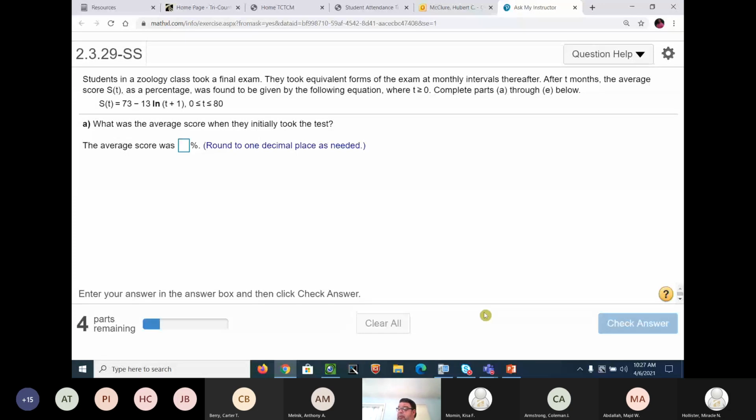So S of t is equal to 73 minus 13 natural log of t plus 1, and t is between 0 and 80 months.